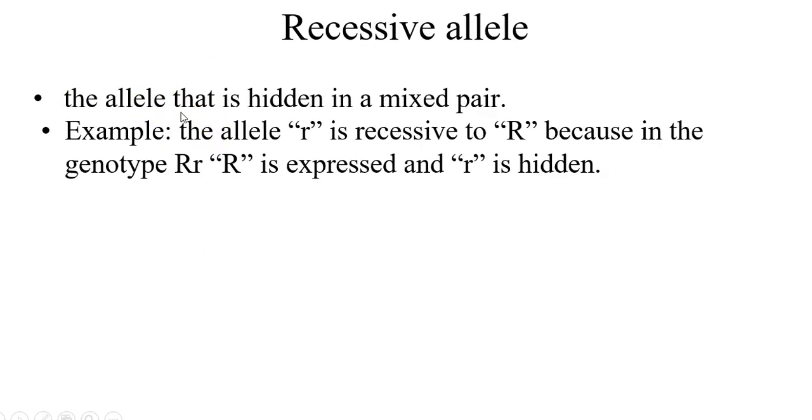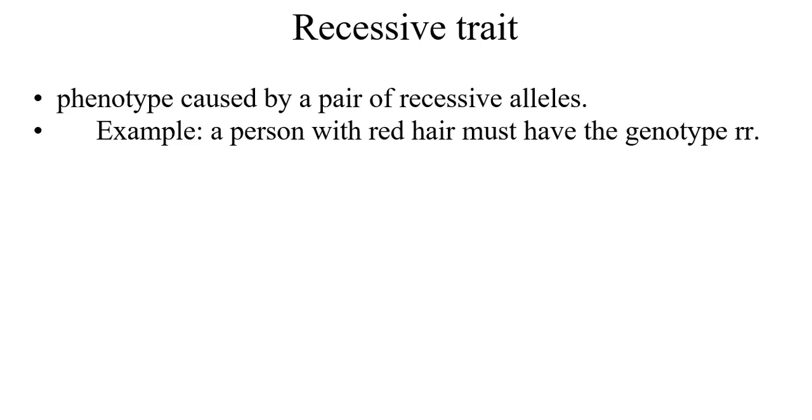Okay. Then we've got the term recessive allele. That is the allele that is hidden in that mixed pair. And we've got the recessive trait. That is the trait or the phenotype that is due to the recessive allele.